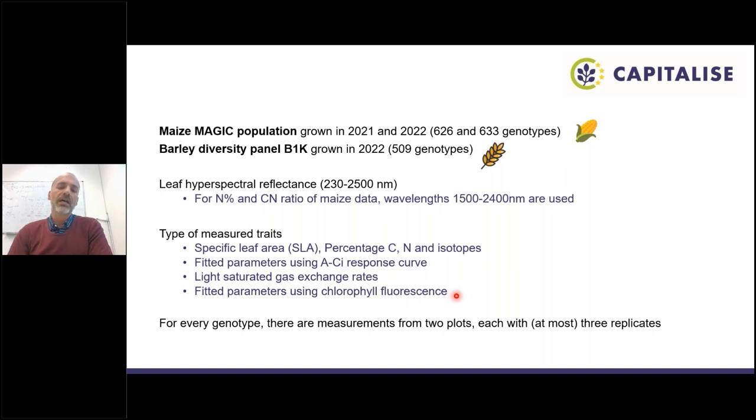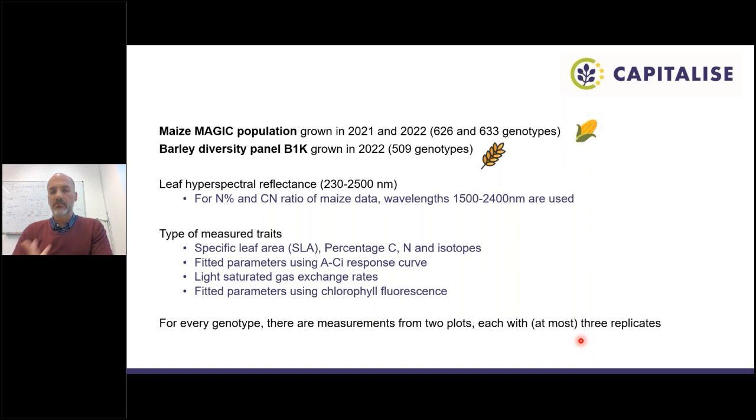For every genotype, there were measurements obtained from 2 plots on the same field, each with at most 3 replicates, which also allowed us to ask questions about prediction of values for one genotype across plots, as well as for genotypes that are not seen previously within the same season.